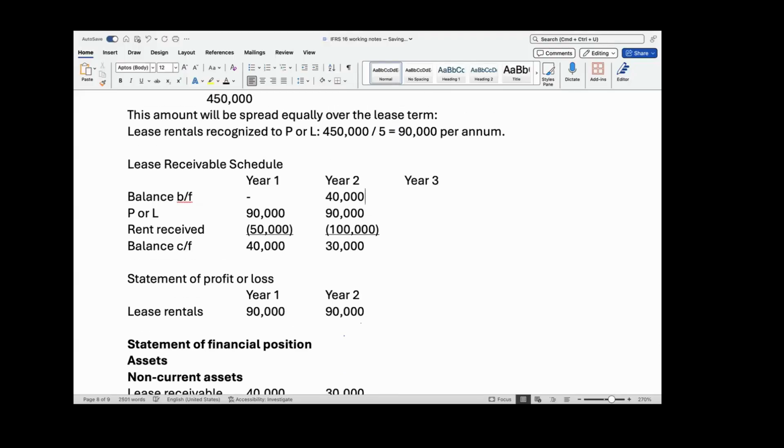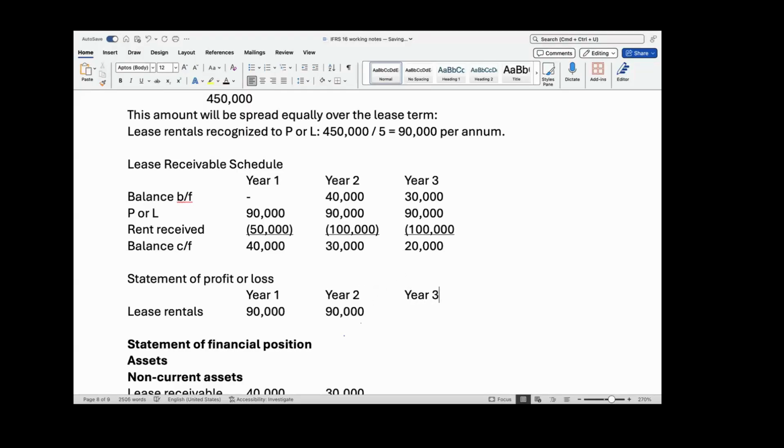In year 3, the balance now is 30. I recognize 90. I receive 100. So I'll have a balance of 20.